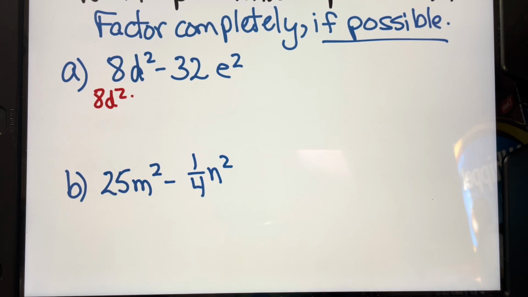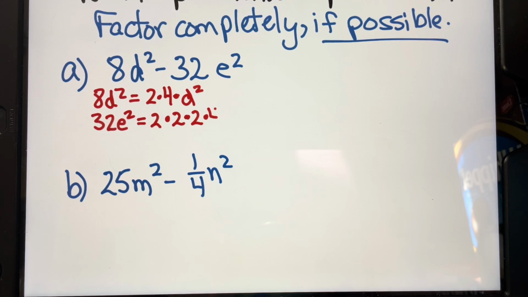8d squared is made of 2 times 4 times d squared. And 32e squared, I'm thinking if I divide 32 in half, I have 2 times 16, but 16 would be 2 times 8, but 8 would be 2 times 4.